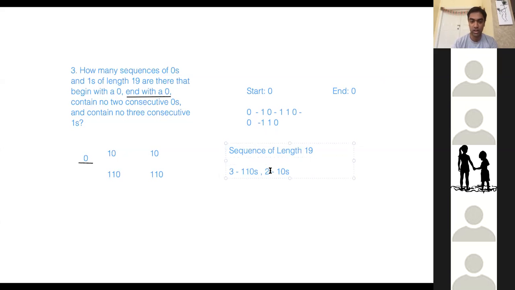Good, yeah. So you actually have to be careful because what about the first zero? We have a sequence of length 19 that begins with a zero and ends with a zero, right? The first zero doesn't actually count within the 19, right?